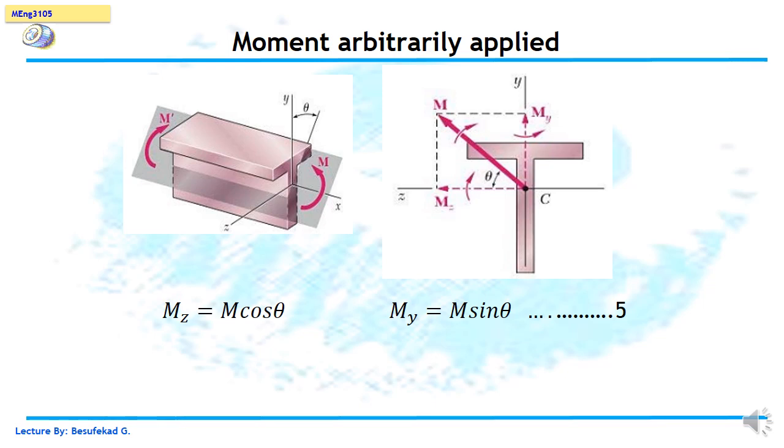How about the rotation of the neutral axis? How do I find out the neutral axis rotation? Very simple. If we wish to find the rotation of the neutral axis, we know that the total stress is 0 on the neutral axis. So if you set the expression to 0, you get an equation of the line for the neutral axis.